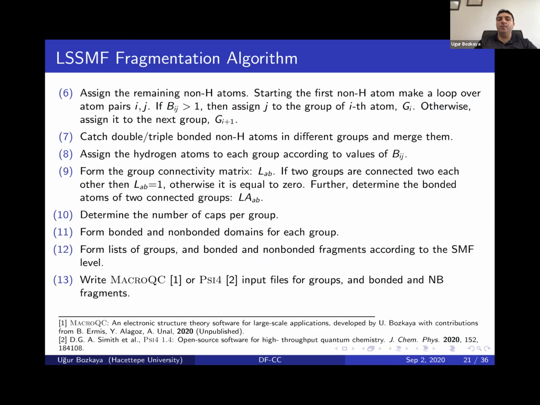Next, form the list of groups and bonded and non-bonded fragments according to the SMF level. And finally, write the MicroQC or Psi4 input files for groups, bonded and non-bonded fragments. MicroQC is a new electronic structure software which hasn't been published yet. Once we prepare all input files, we can submit all of them simultaneously to our Linux cluster. So this method is naturally parallel.